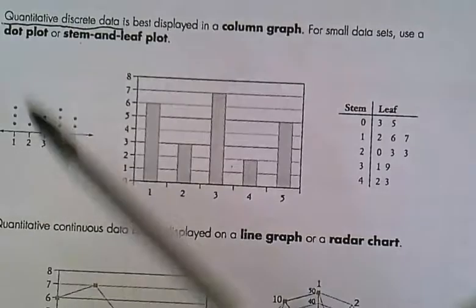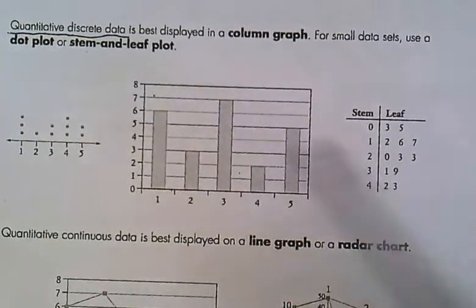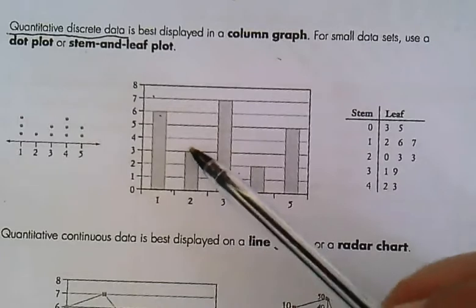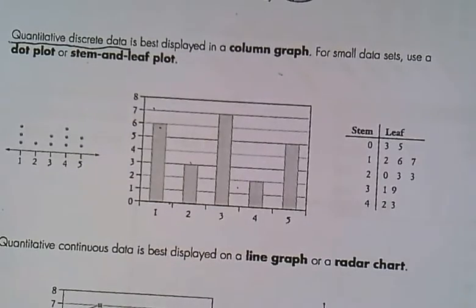Here's our dot plot. The number 5 occurs twice, etc. And here is our column graph, because there is more data here. The number 1 occurs 6 times, the number 2 occurs 3 times, etc. This is numerical data. We're graphing the data that we've collected. They're discrete numbers.